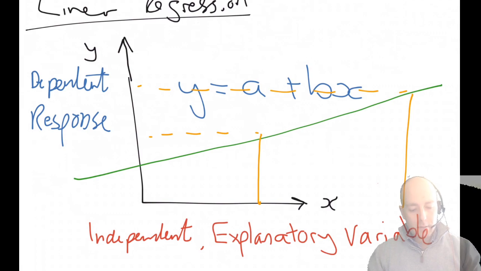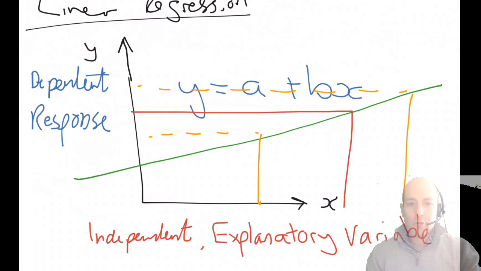I'm not allowed to take a y value and go back to an x value. It won't be predicted accurately. Even though it looks like it would be on the graph, you couldn't trust this x value because the line is made up of x predicting y. So you've got to be careful.